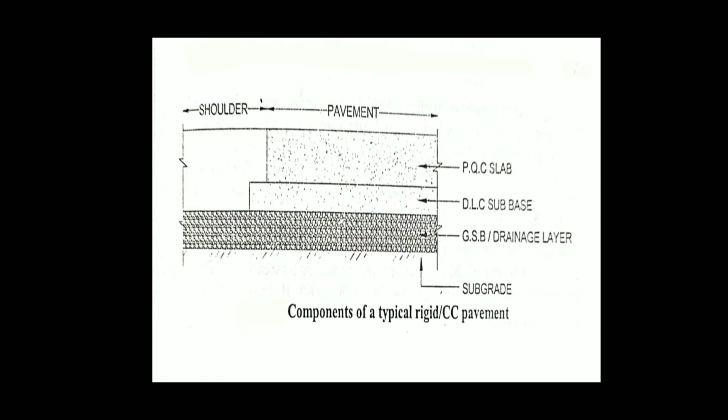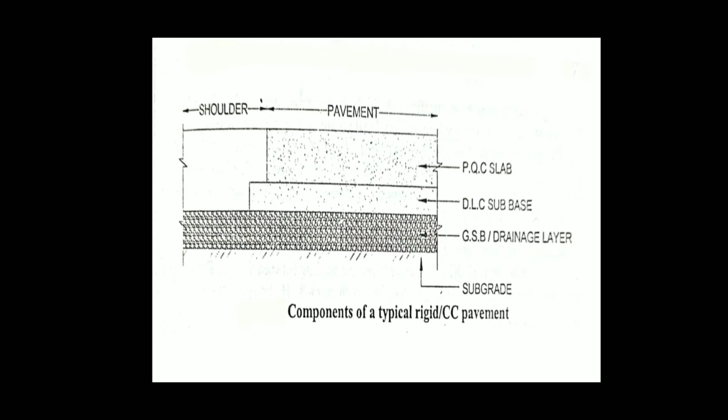This is the first one. And granular subbase, which we can simply call GSB. And drainage layer, base course, and CC or PQC pavement slab. So here it is a typical rigid pavement or cement concrete pavement structure, and the component layers are shown in this figure.